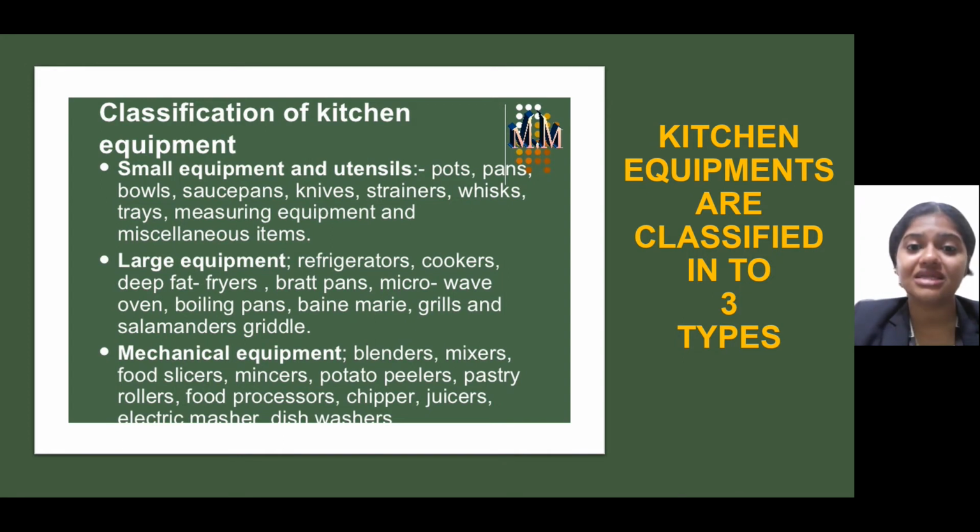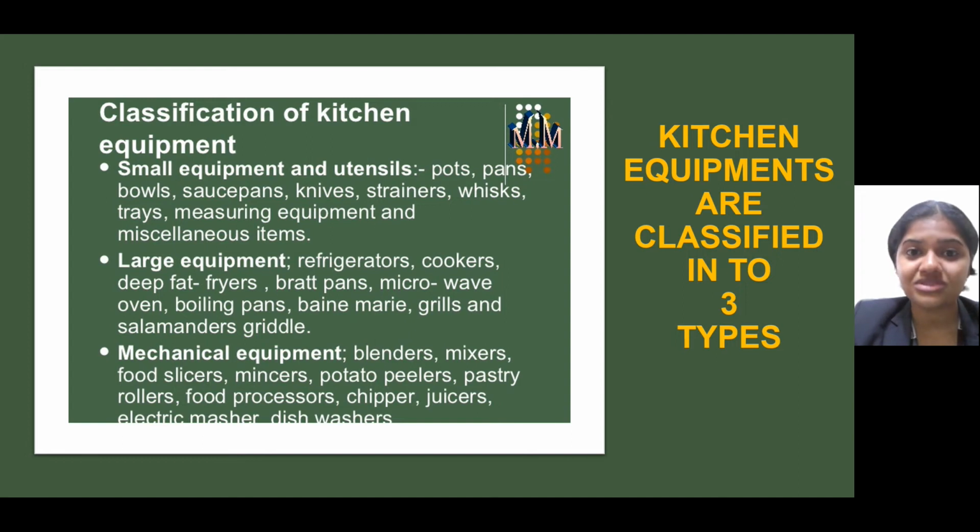Next is large equipments. For example, you have the grinder machine, the dough mixer machine, the batter machine, that is a stone grinder machine, the oven, and the microwave. These are examples of large equipments. Then what are the mechanical equipments?